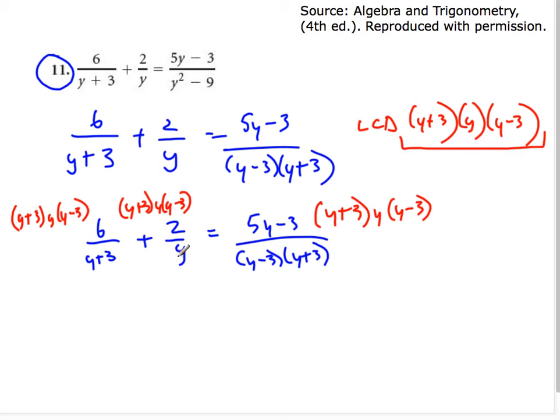On the first one the y plus 3 goes, the next one the y goes, and on the last one both of those go, so I'm left with a y.